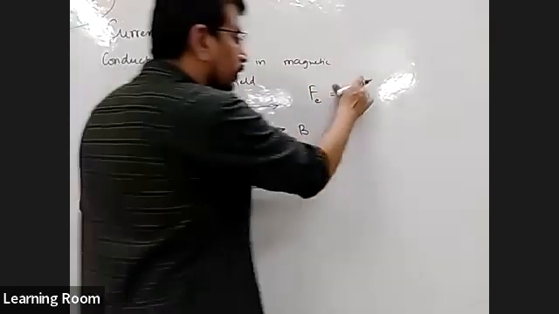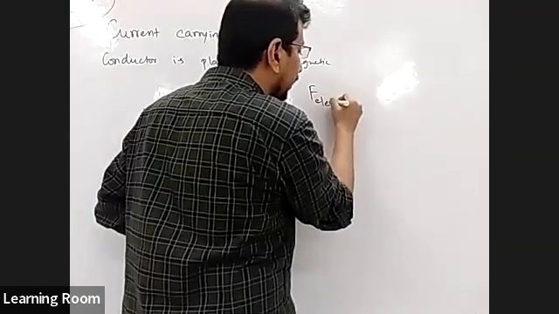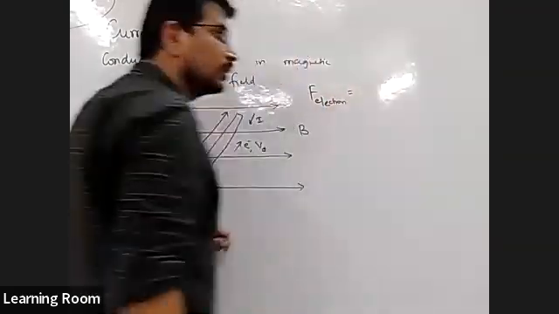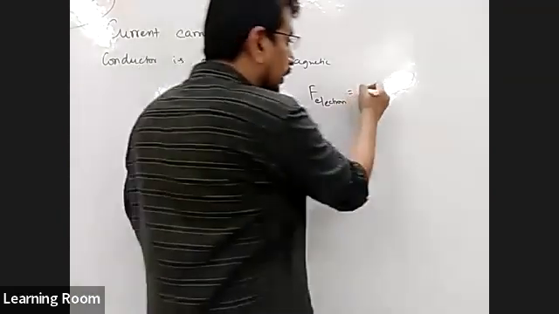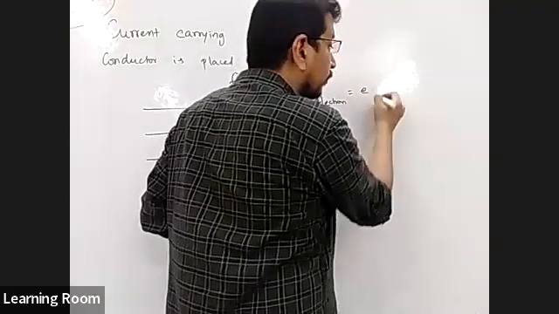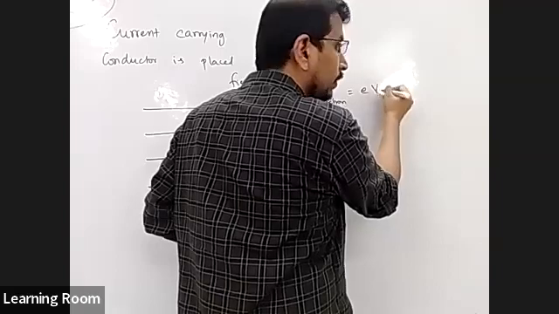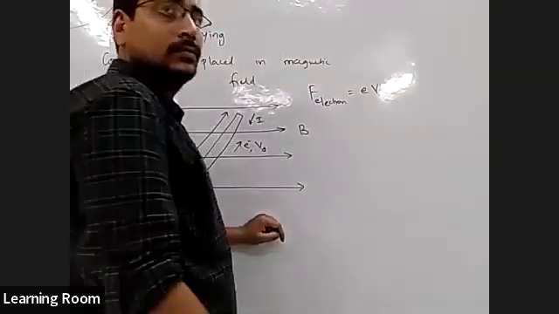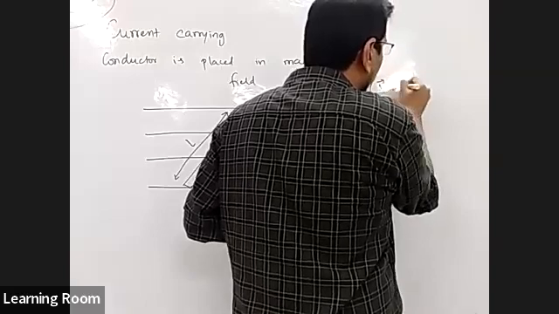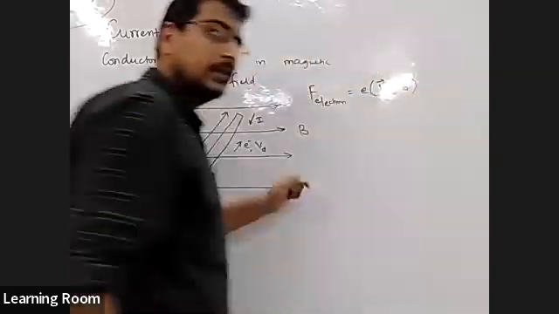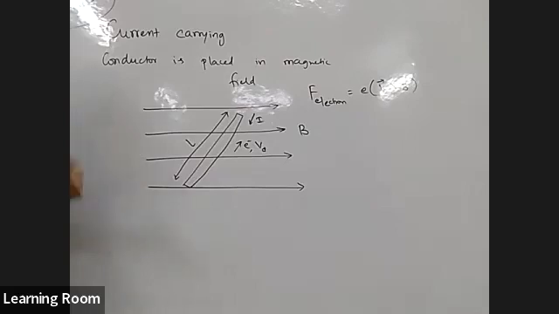So this F is not the electrostatic force, it is the magnetic force experienced by electron. How much? E into V vector cross B vector. I'll go with cross product because I don't know the angle.